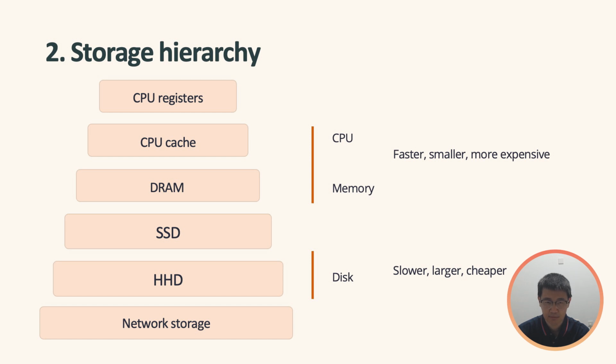It's called memory. And the next level is hard disk, like SSD, HDD, and network storage. They are slow, with smaller I/O throughput, which means that they are slower to read, but they are bigger in size and cheaper. So the closer you get to the CPU and the memory, it's actually faster and smaller, but it's more expensive.